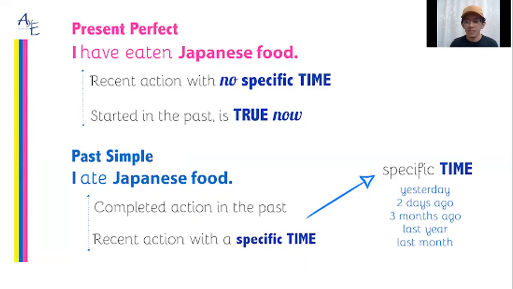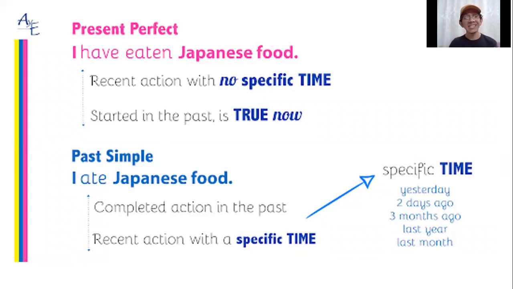The present perfect is used most of the time for experiences, right? So I have eaten Japanese food in the past. That's my experience. So I'm talking about something that occurred in the past, but it's relevant now, or it's true now. There is connection. The present perfect makes a connection between the past and the present.